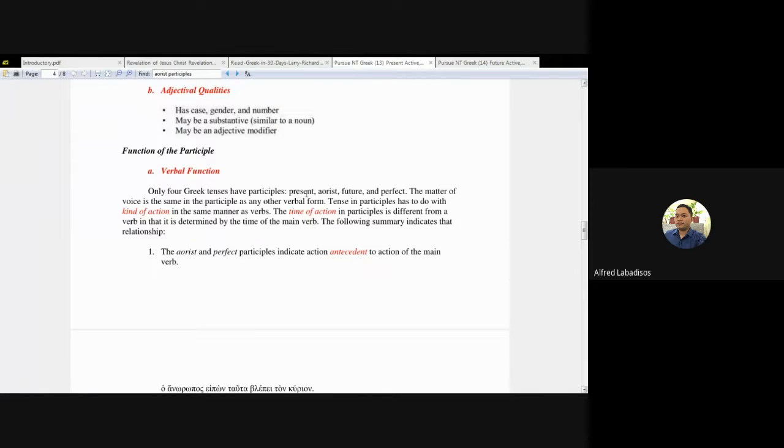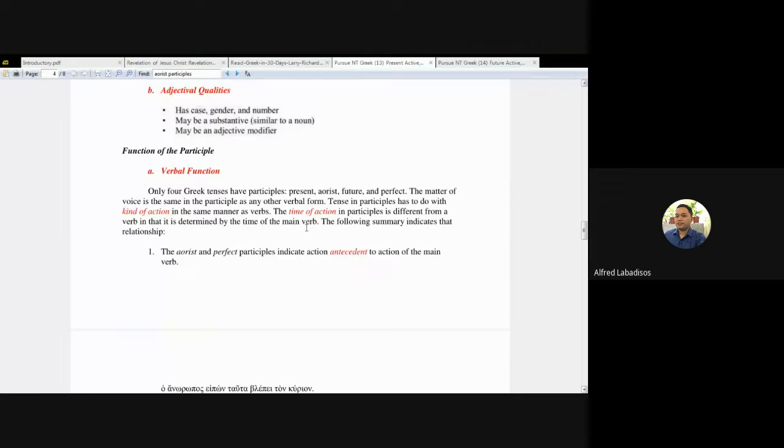We have the present, the aorist, the future, and the perfect. In participles, the tense has to do with the kind of action. The time of action in participles is different from the verb in that it is determined by the time of the main verb. So take note of this: the time of the action of participles is determined by the time of the main verb.